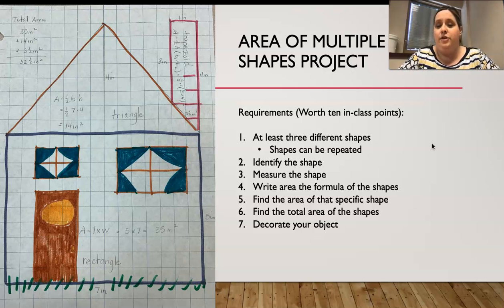You have to identify the shape, measure the shape, write the area formula of the shapes, find the area of that specific shape, find the total area of the shapes, and then decorate your object. So that is what we're going to be working on in class tomorrow. I just want to give you kind of a preview of what it looks like. You can also do circles in here, because we did talk about circles, even though this lesson does not include circles.